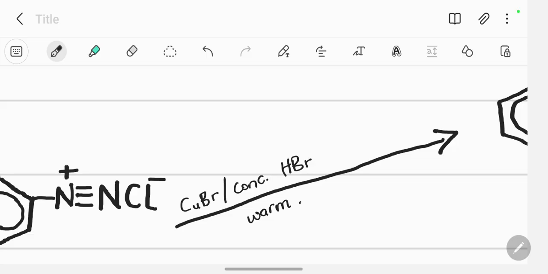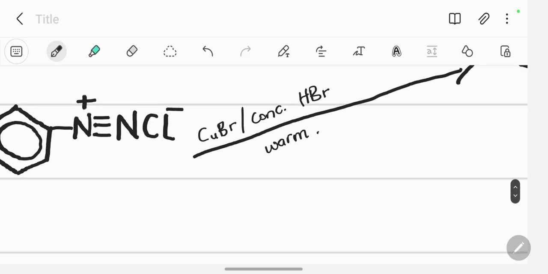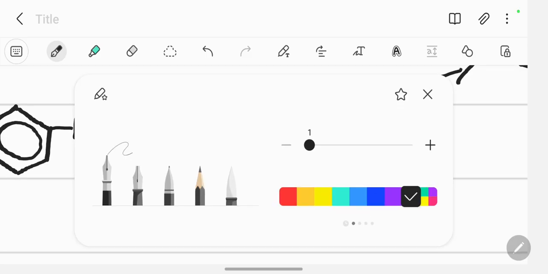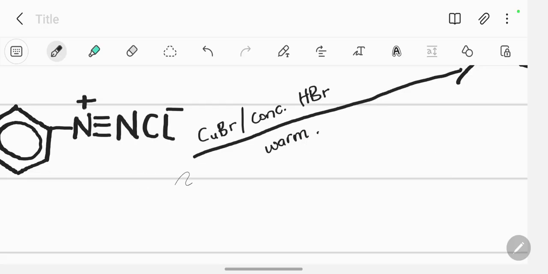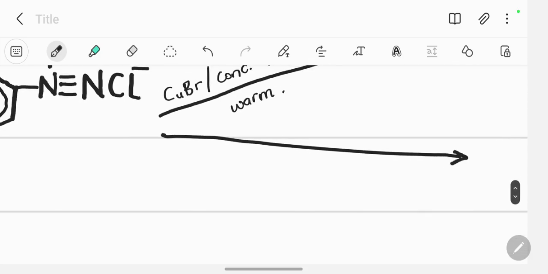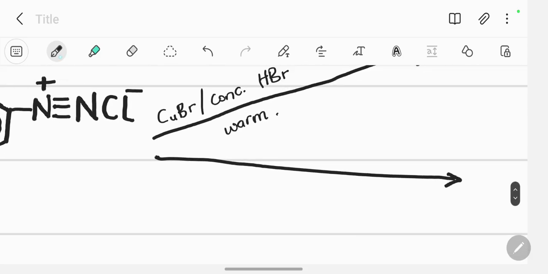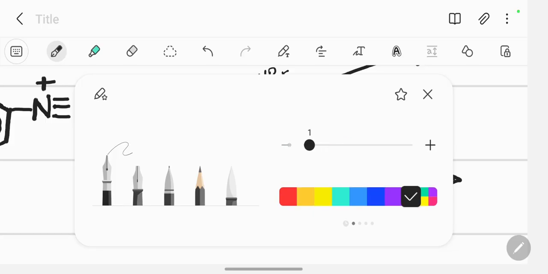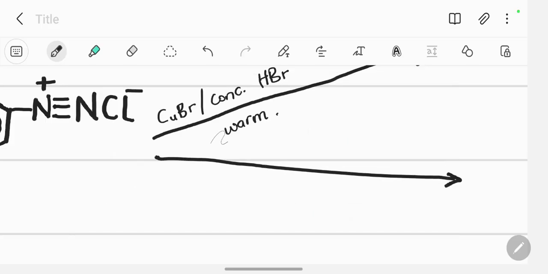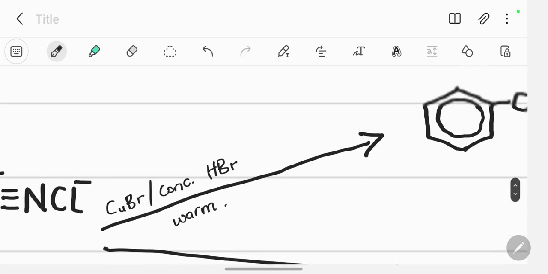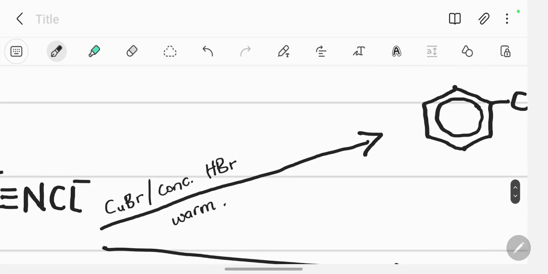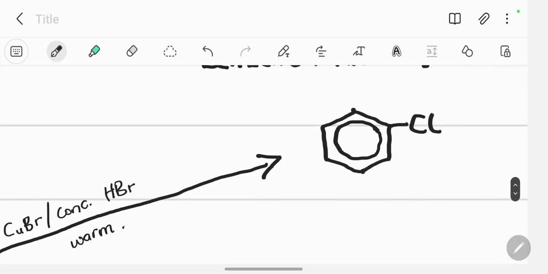So it's the same reagent and the conditions are the same needed for preparation of bromobenzene. So now bromobenzene, add there. So this one is a mistake.